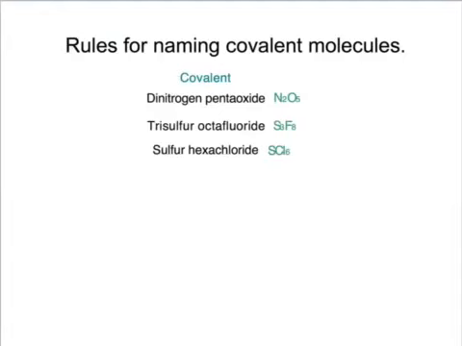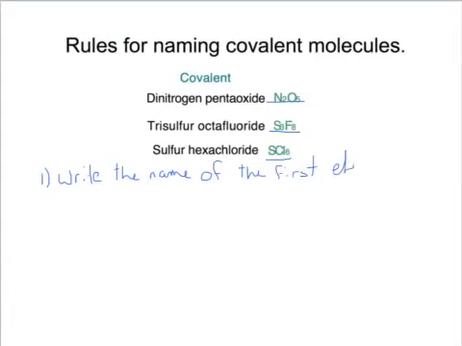So if I wanted to write some rules for how to write a name, if I were given the formula, how would I write the name? I would start by writing the name of the first element. Then I would write the name of the second element, but notice that there's an IDE ending for all of them.